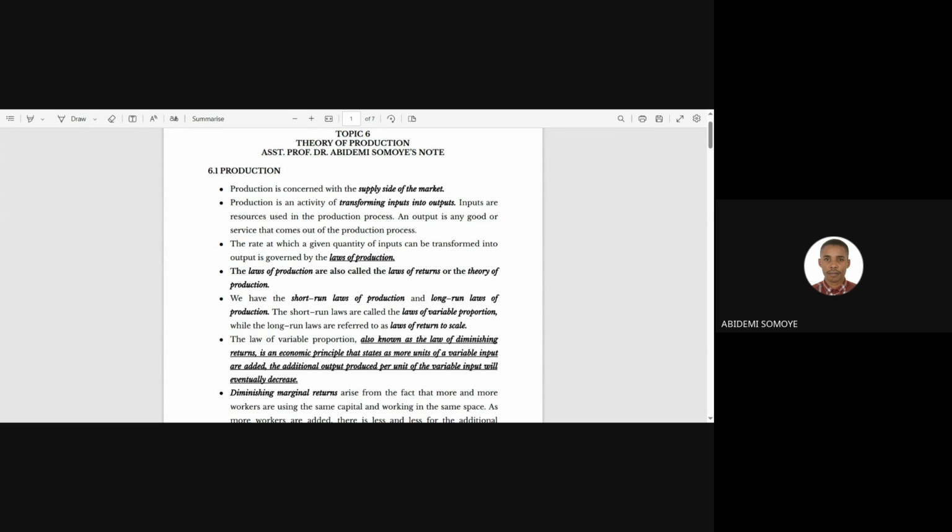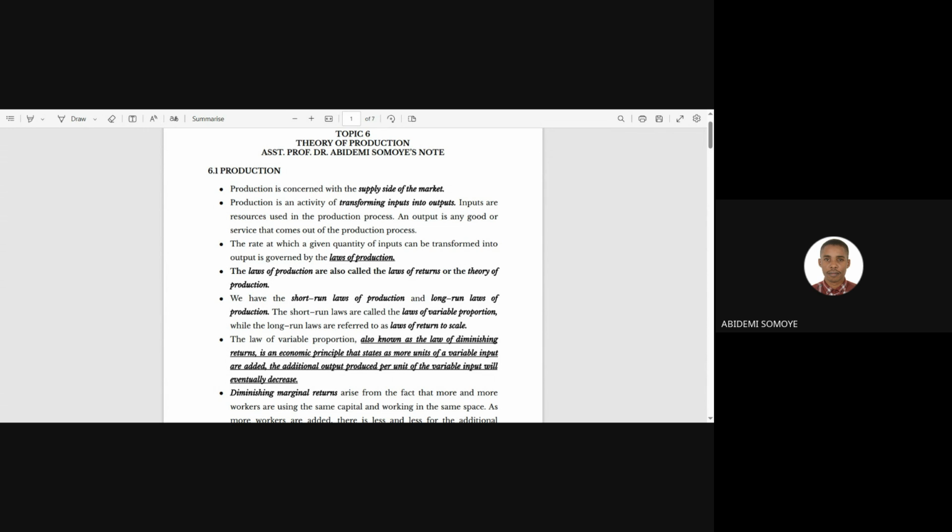To produce a book, what do you need? You need maybe workers, you need the papers, you need printing machines. Those resources that you need that can enable you to produce a book, which is the output, those are the inputs.